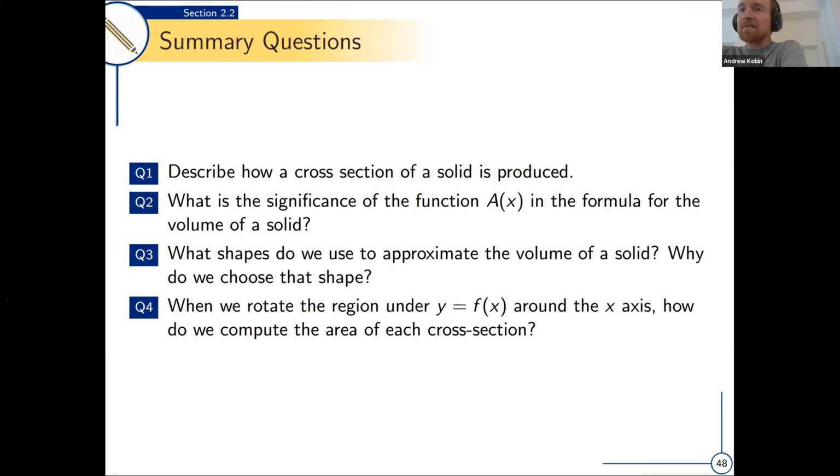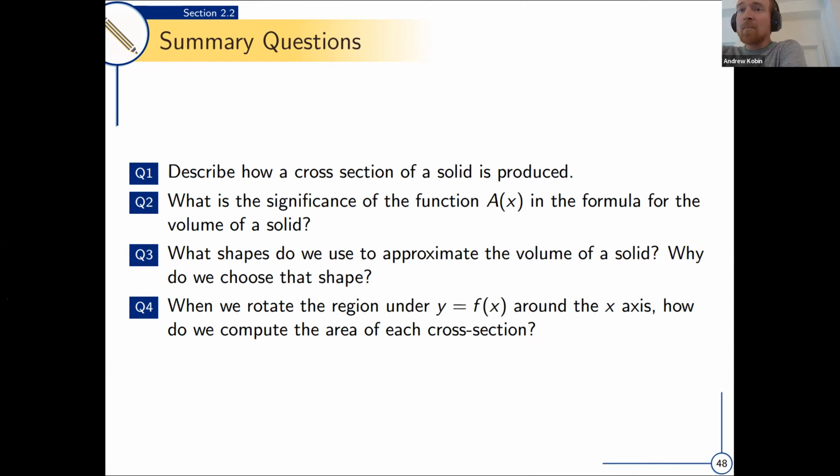Next, what is the significance of the area function, A of x, in the formula for the volume of a solid? What shapes do we use to approximate the volume of a three-dimensional solid without using integrals? What shapes would we use to try to approximate that, and why do we choose that shape? We didn't talk about this today, but why do you think that's the right shape to approximate with?